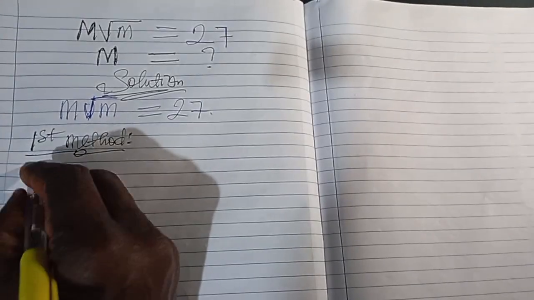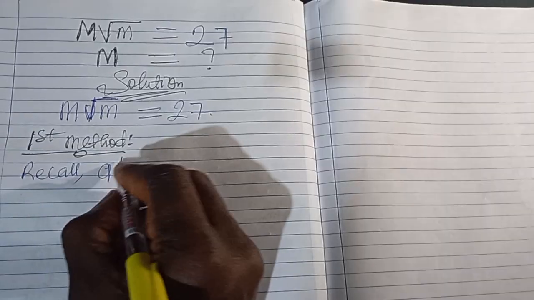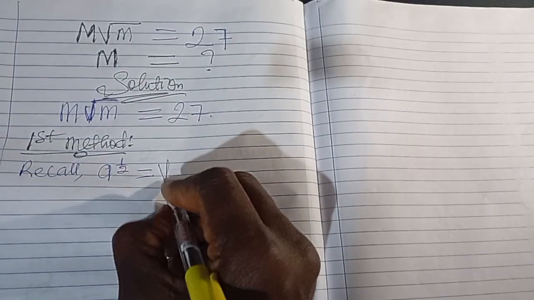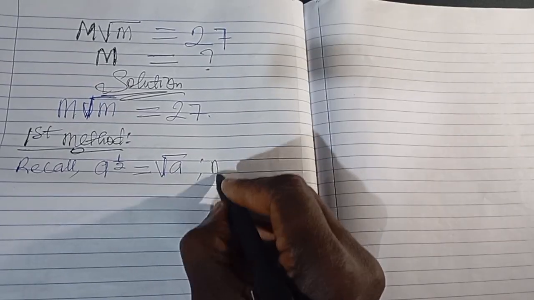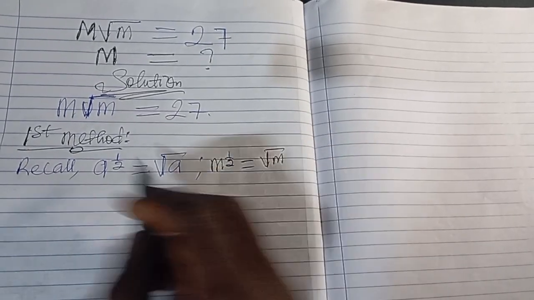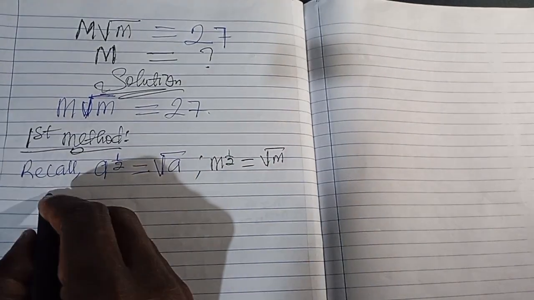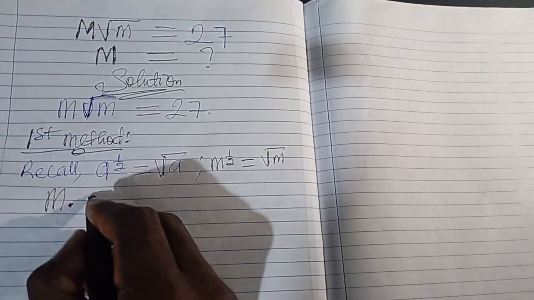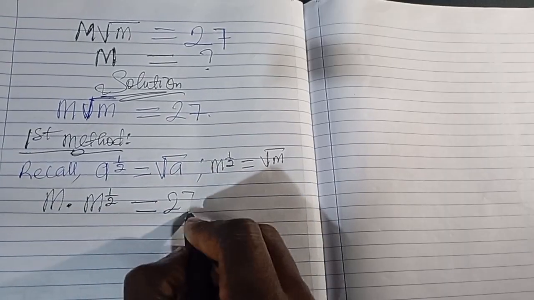First method, recall that a raised to power 1 over 2 is the same as root a. So our m raised to power 1 over 2 will be root m. So we're going to replace this root m with m raised to power 1 over 2. We now have m multiplied by m raised to power 1 over 2 is equal to 27.